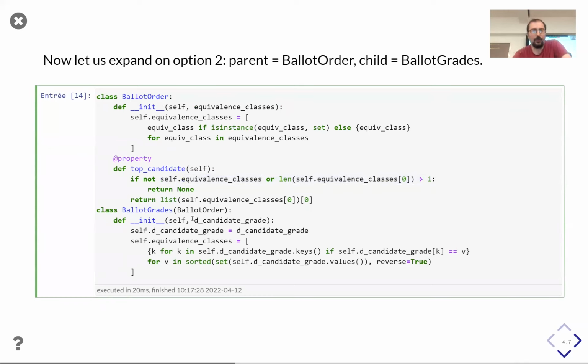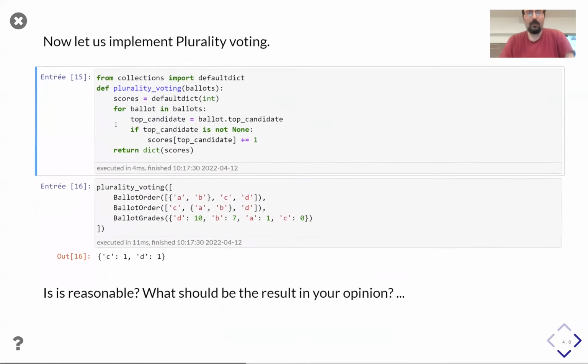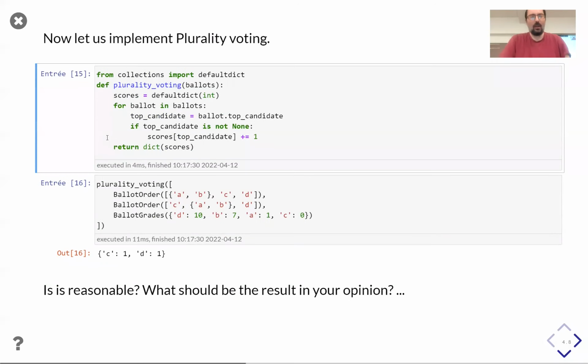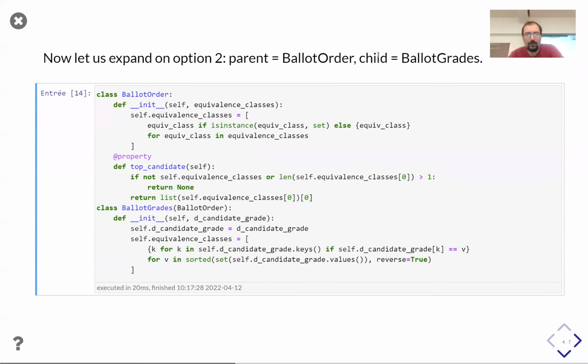And then for the BallotGrades, you inherit from BallotOrder, you register the grades, you deduce the equivalence class, and of course, BallotGrades will inherit the method that will find the top candidate.